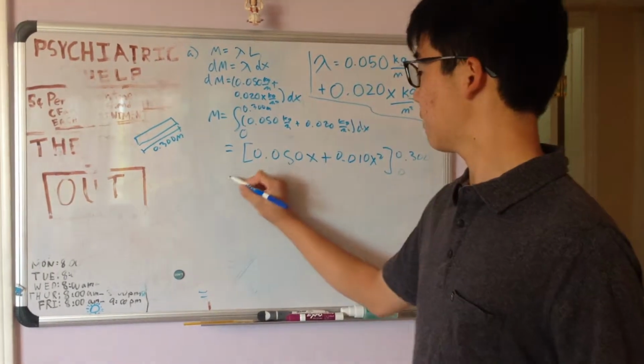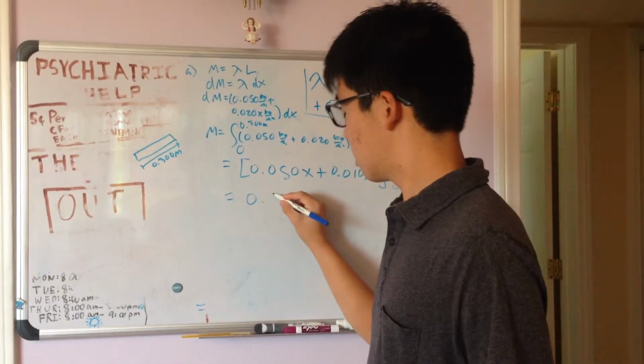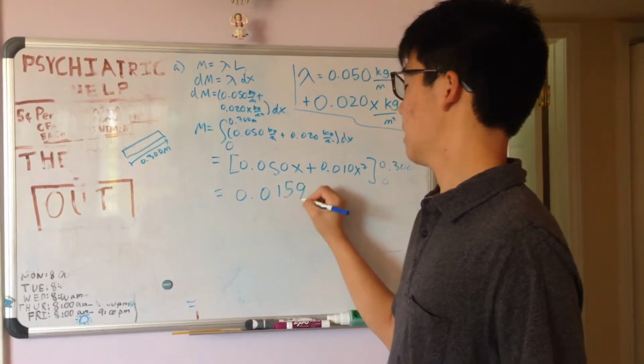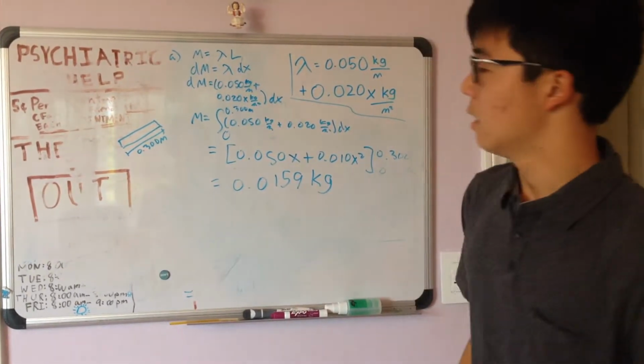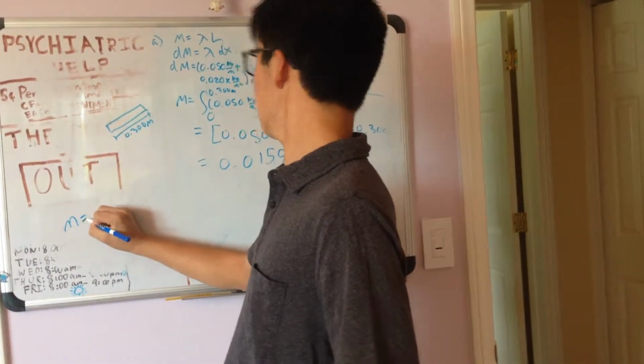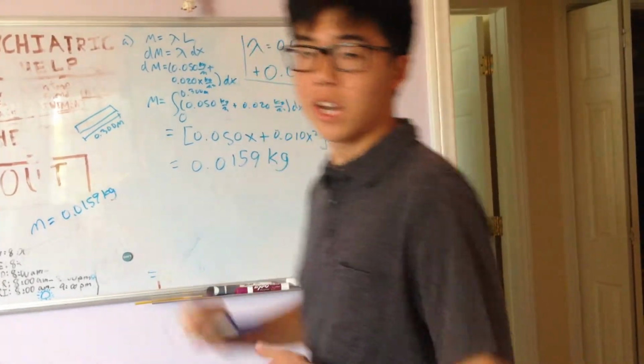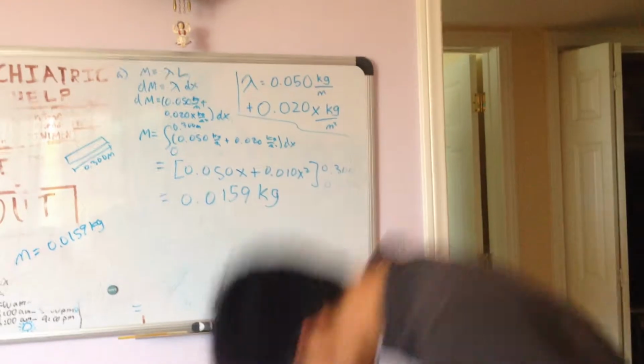And what you should get from this is 0.0159 kilograms. Now that's our answer to part A. That is the mass of the rod. So over here I'm just going to write mass equals 0.0159 kilograms because we're going to have to use that in part B.